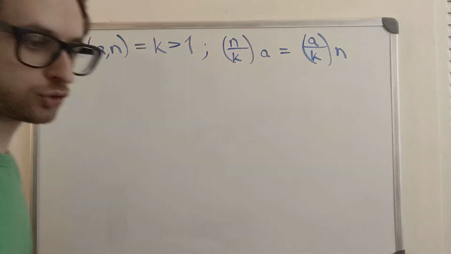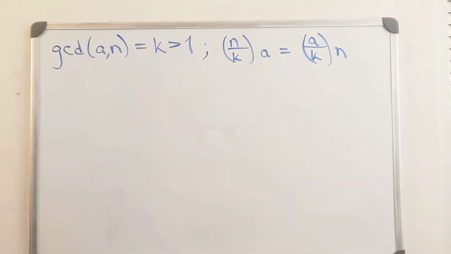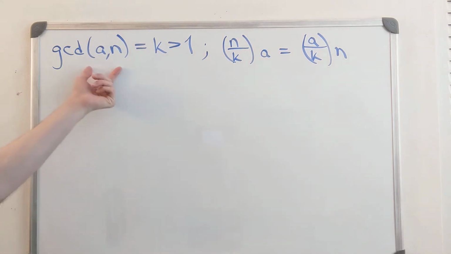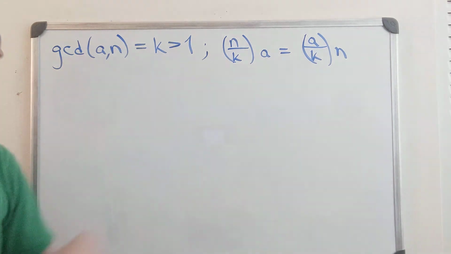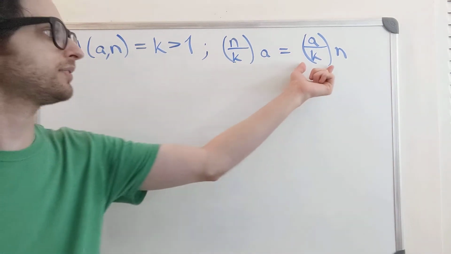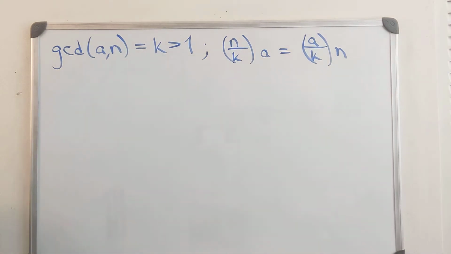Of course, this is just true as an equation between rational numbers for any integers a, n, and k, but in particular when k is the GCD of a and n, or even any common divisor, n over k and a over k will be integers, and as long as I treat these terms in parentheses as integers rather than rational numbers, then this is actually a perfectly good integer equation.